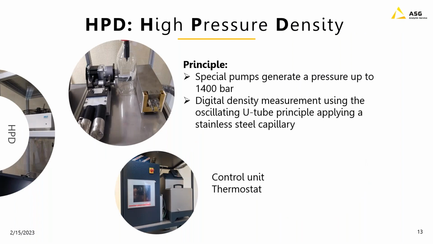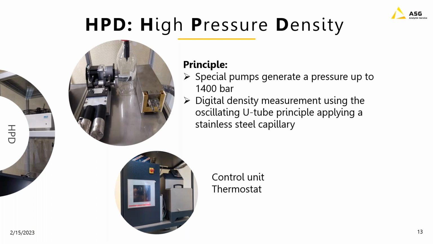The high pressure measurement principle is like this. Special pumps generate pressure. I can show you here. These are the pumps which generate a pressure up to 2,400 bar. And in this cell, we can do a digital density measurement using the oscillating U-tube principle.